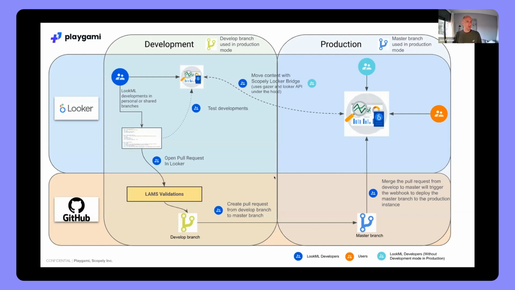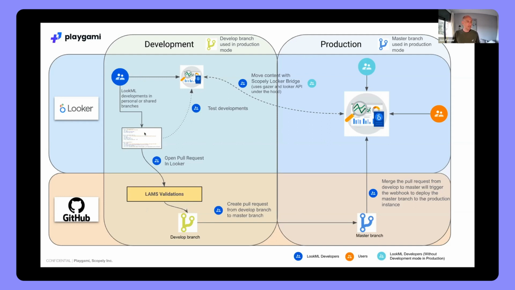In terms of what this looks like, this architectural overview should help explain it. In the verticals here, you have our two instances, development and production. In the horizontals, you have the technologies, Looker and GitHub. From a LookML syncing point of view, the users developing, the users in dark blue here, the ones with development rights, have their LookML, they're also adjusting affected content accordingly, and testing.